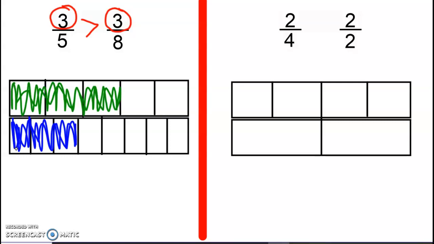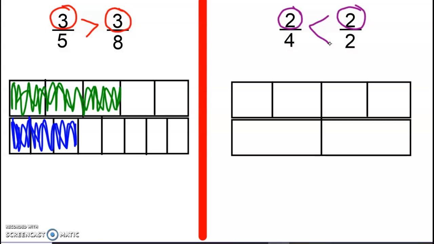Okay, let's look at the next one. We've got 2/4 and 2/2. Okay, so in this case, again, my tops are twins. The smaller bottom wins. Well, a 2 is smaller than a 4, so 2/2 should be greater.